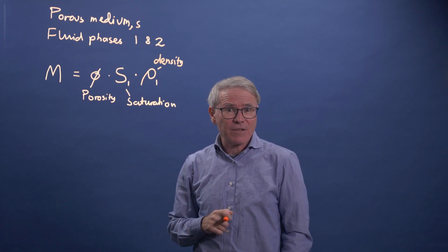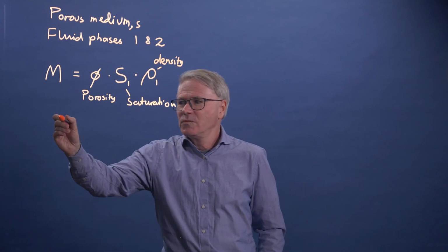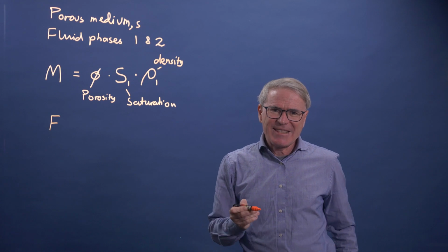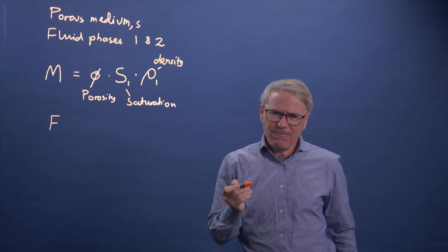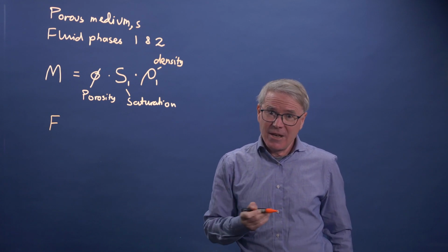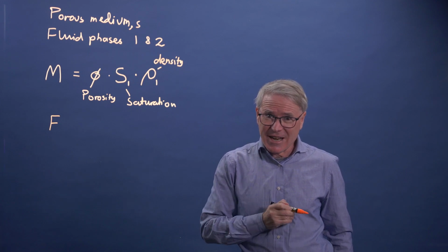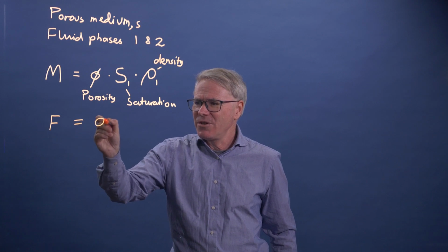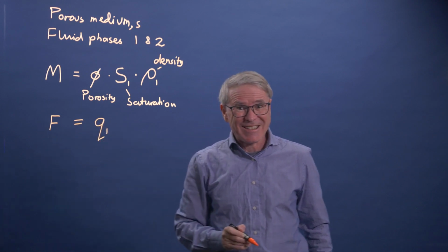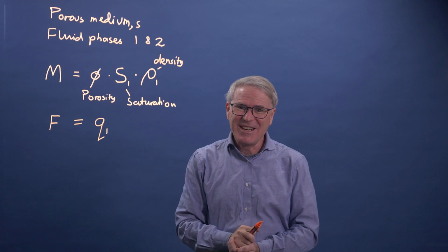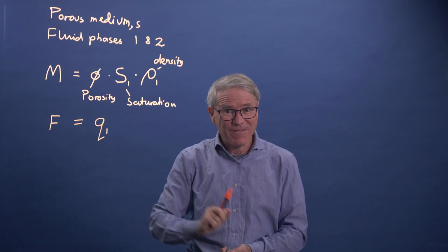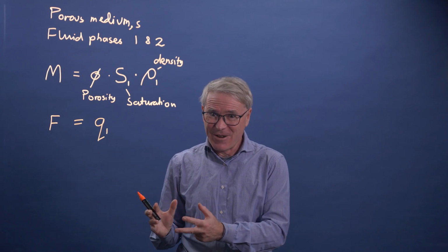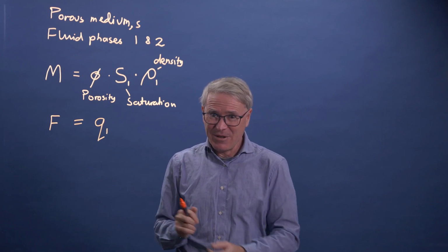Now I need to know the flux. Okay, well, the flux is the mass of phase 1 flowing per unit area per unit time. Well, we know we got Darcy's law. Right, that's where Darcy's law comes in. Q1, this is for phase 1, will be the volume of phase 1 flowing per unit area per unit time.